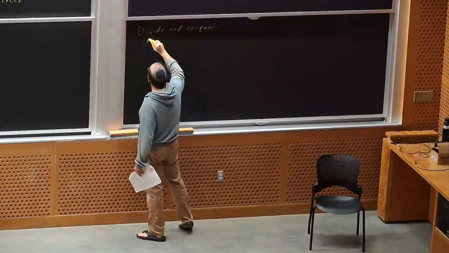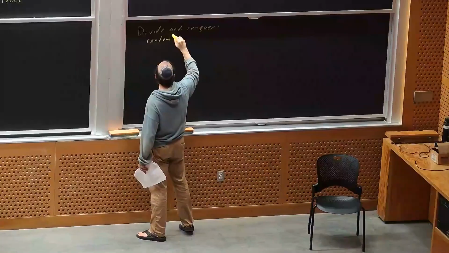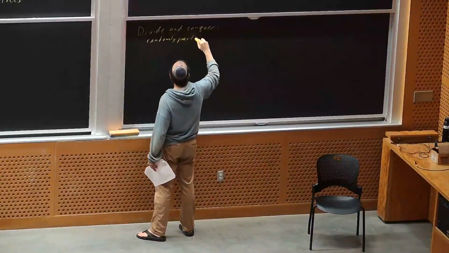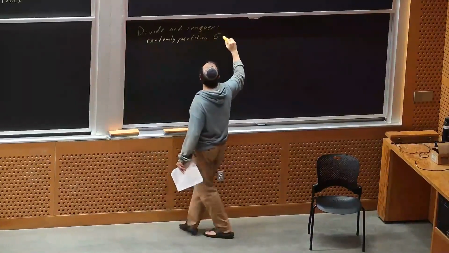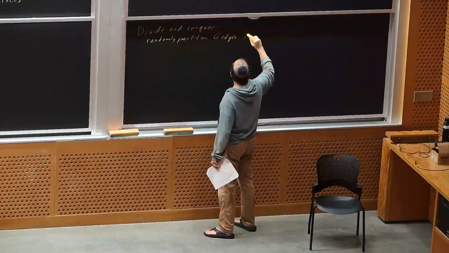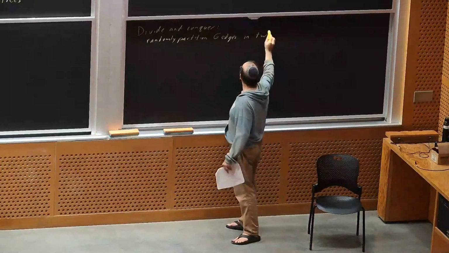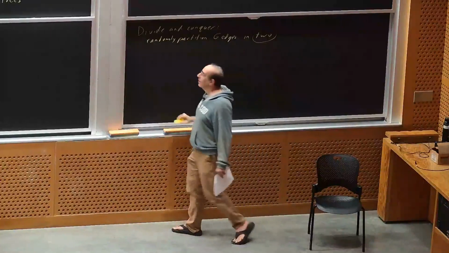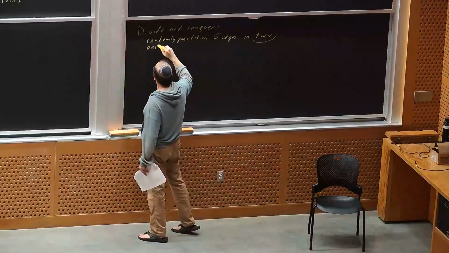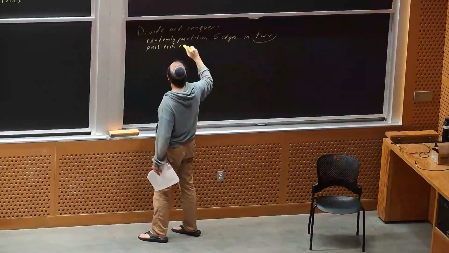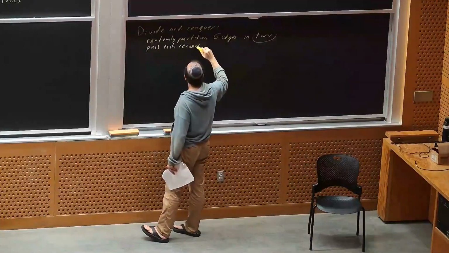What you do is randomly partition G's edges in two. Okay, two groups exactly. Pack each recursively.